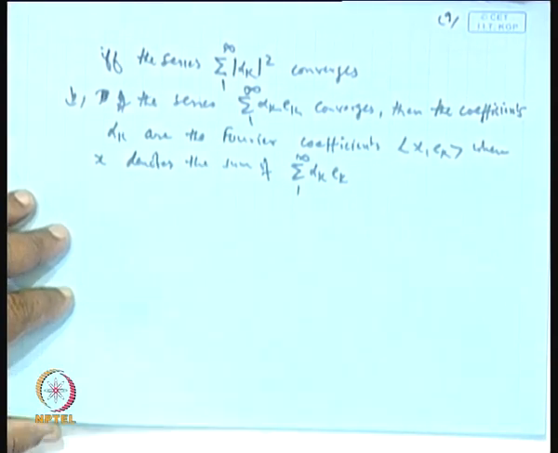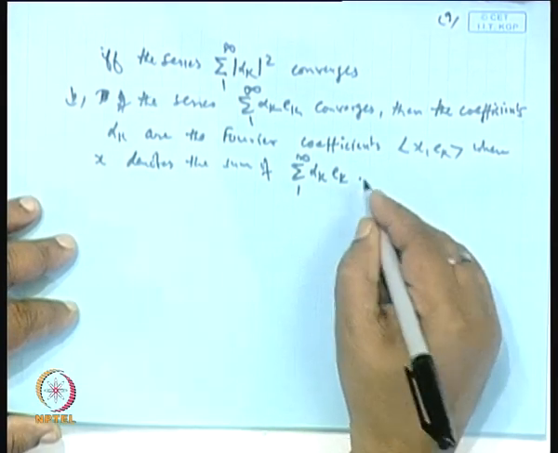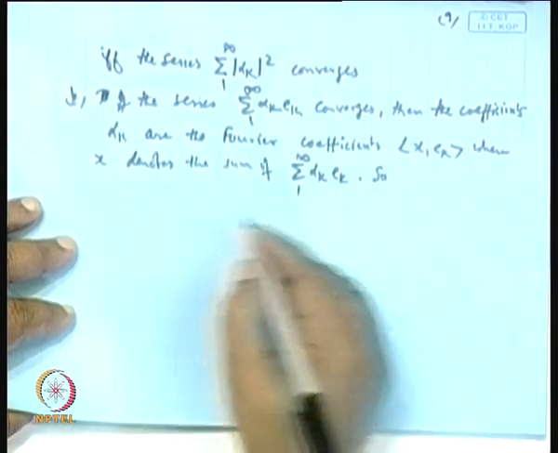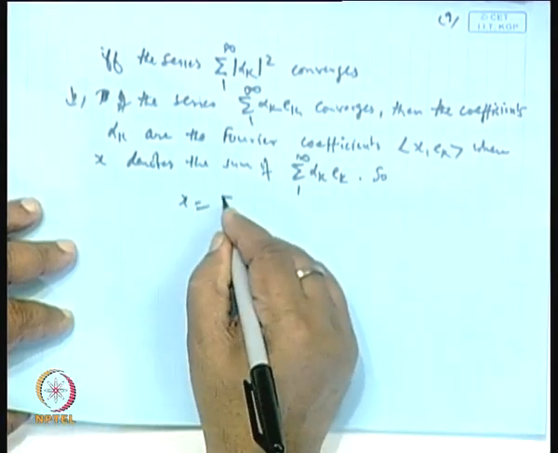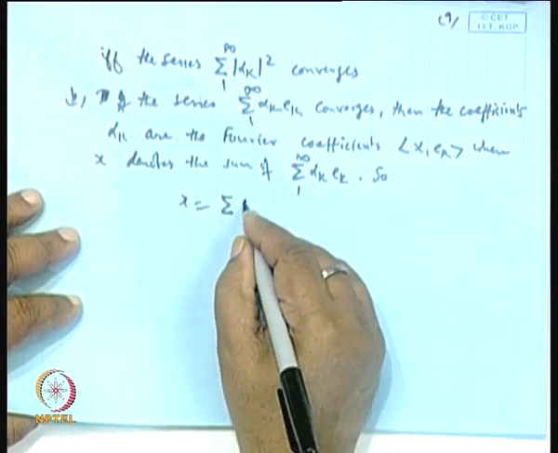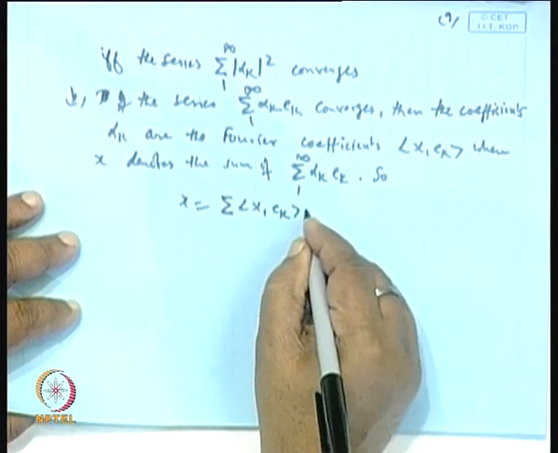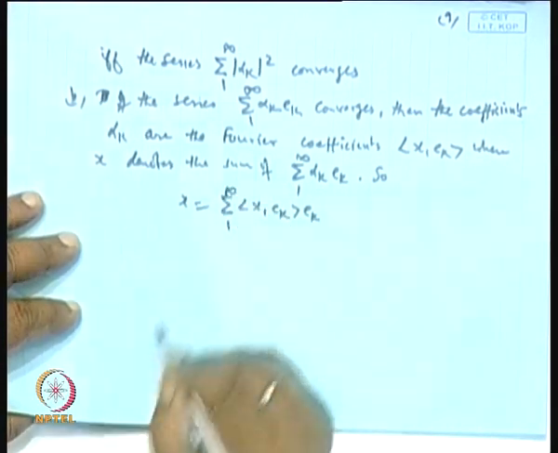Hence x can be written as sigma of inner product x e k times e k, k is 1 to infinity.